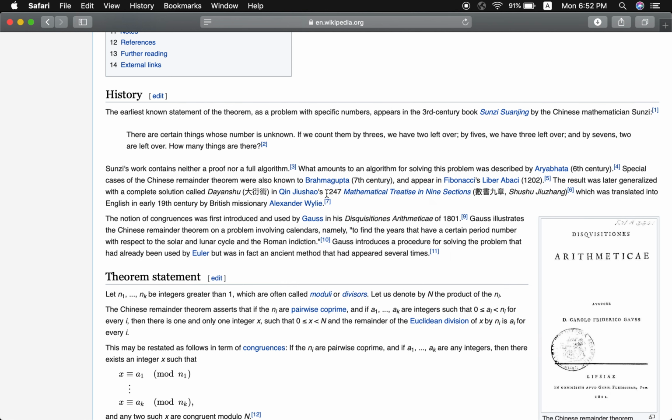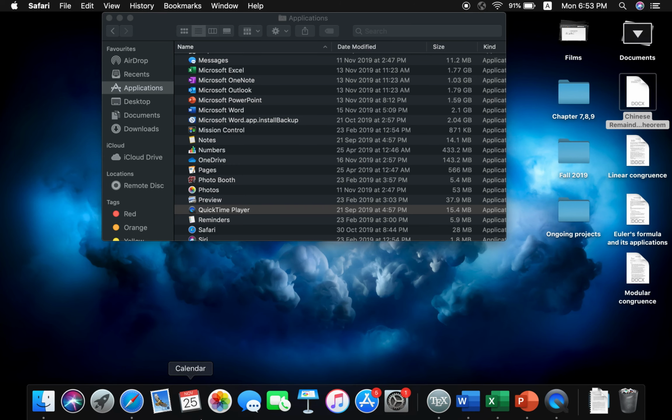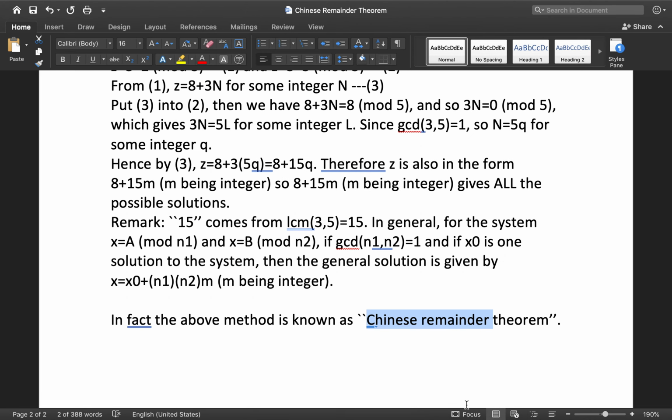You can even see 1,247. So it's almost 800 years ago. The ancient Chinese already knew the method to solve this kind of linear congruence equation. So you can check it by yourself.